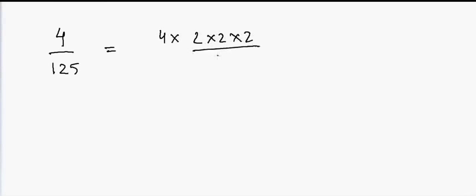Another example will be to divide by 125. So if I have 4 and I want to divide by 125, so how will I do that? In that case, that will be equal to 4 into 2 into 2 into 2 divided by 1000. So 4 into 8 is 32, so we have 32 and we put a 0 here, so that's our answer.